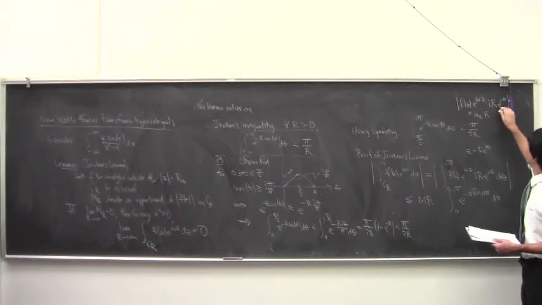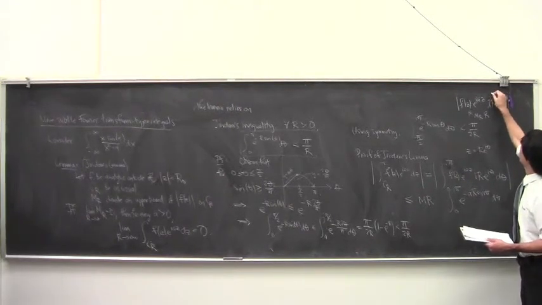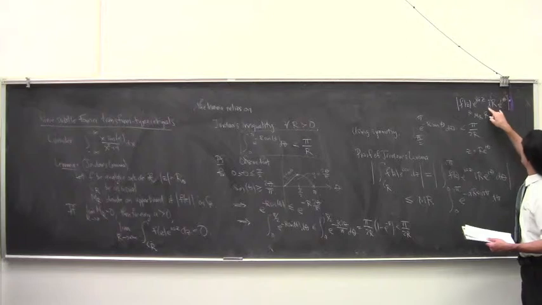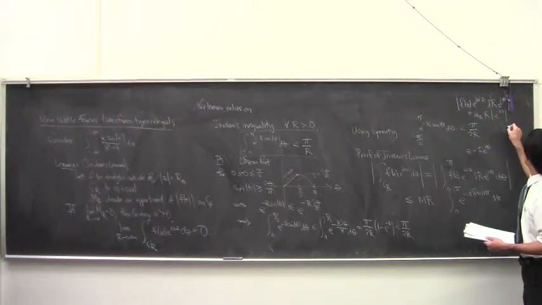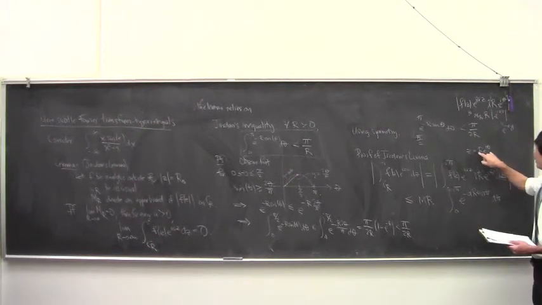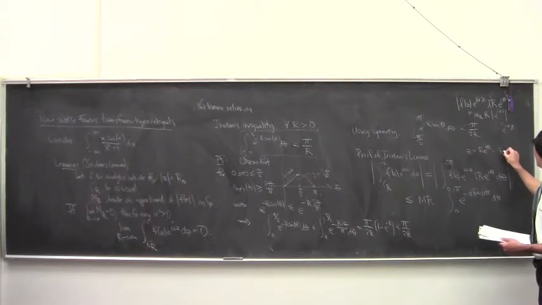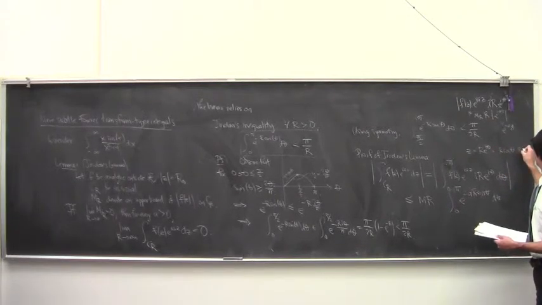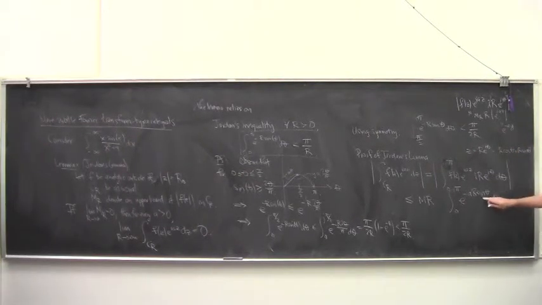So this becomes 1, this becomes 1. And then we have the magnitude of e to the i a z, but as we said earlier, that's e to the negative a y, and our point is r cosine theta plus i r sine theta. Our y is r sine theta, so that's this.